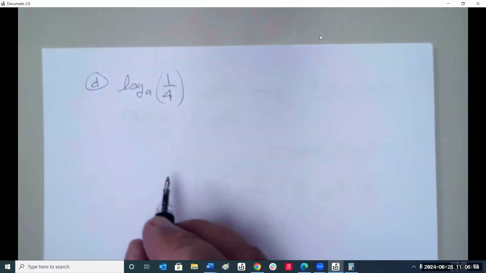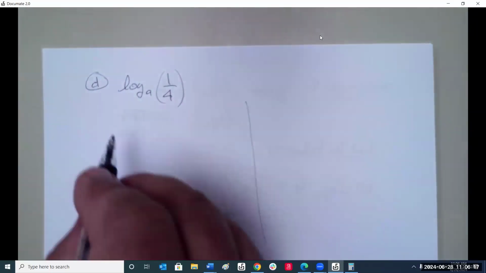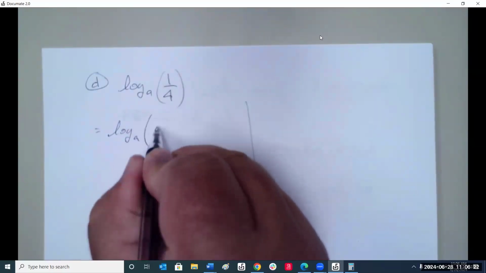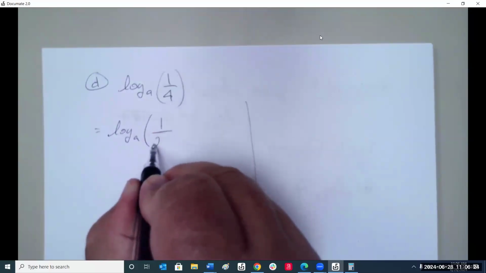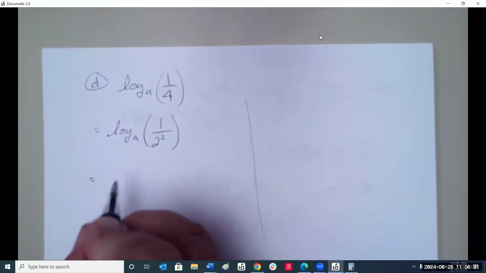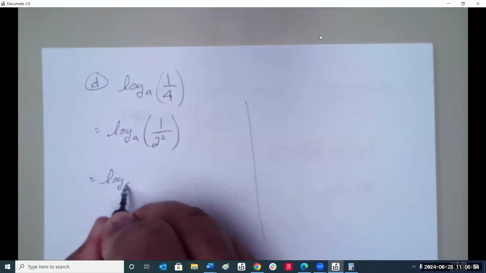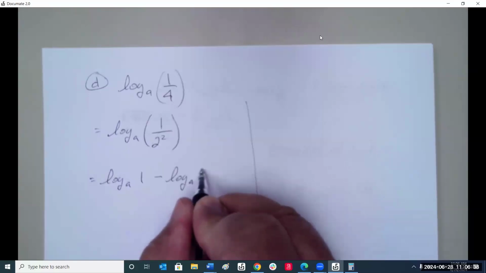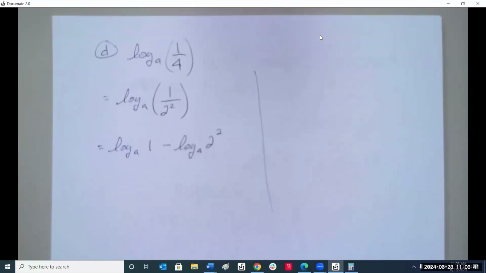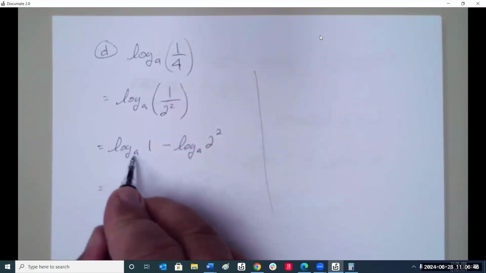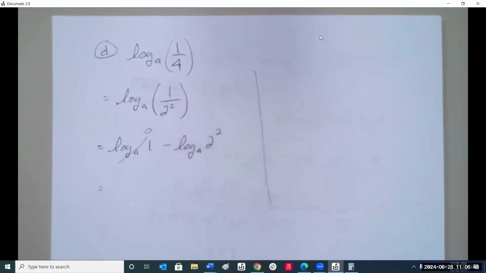Well, there are a couple ways we can do it. One way we can do it, 4 is made up of 2 squared. And what this gives us is log base A of 1 minus the log base A of 2 squared. Log base A of 1 is 0.